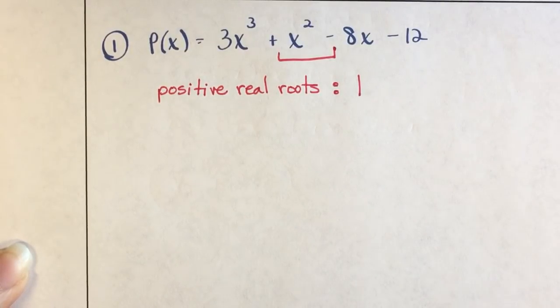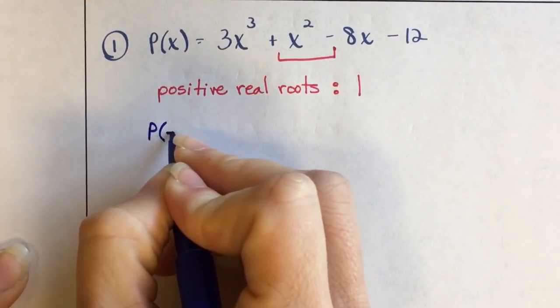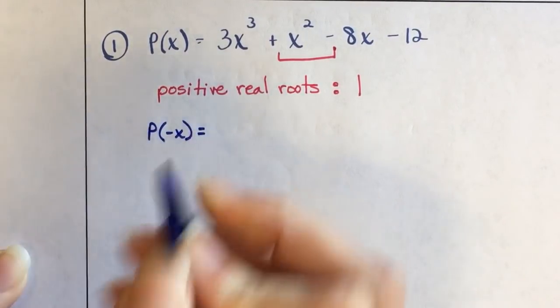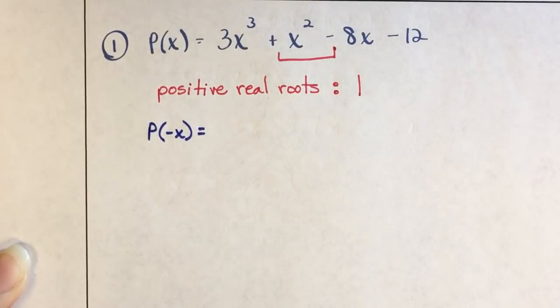Now, here's where the p of negative x comes in. Like I said, you can go through and do all the calculations, but I'm just going to show you a quick way of doing this. What I had you write down said to change the sign of all terms with an odd exponent.